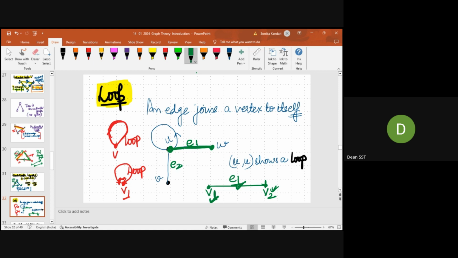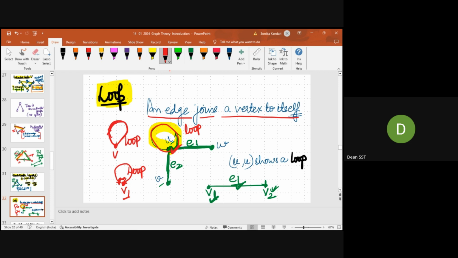E2 is an edge which is joining u and v. But one more edge is there, starting at point u and ending at point u. This type of edge, which starts from the same point and ends at the same point, is a loop. A loop is an edge that joins a vertex to itself.